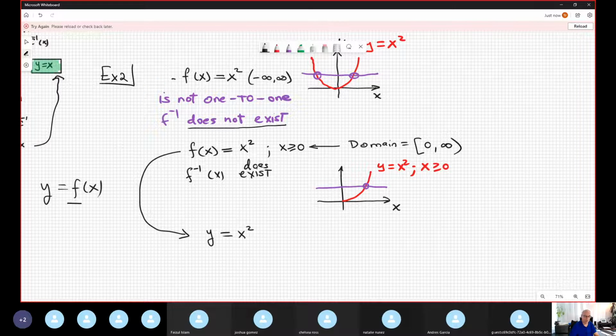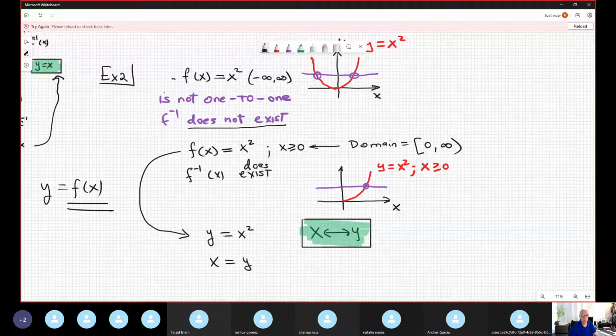But f of x is nice, because it allows us to see transformations, and y alone is not as clear. Then you apply this idea: interchange x and y. This is a crucial idea. And you have x equals y squared.